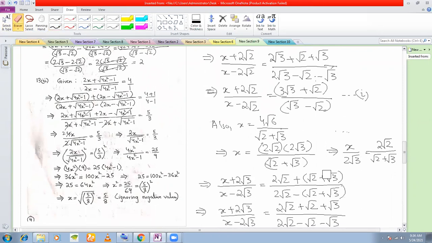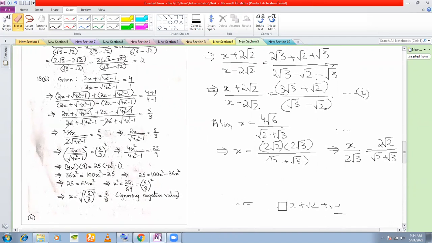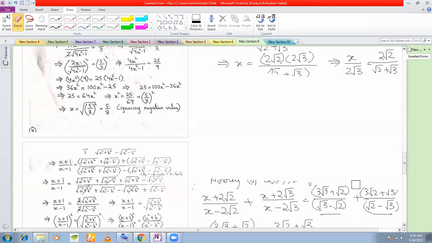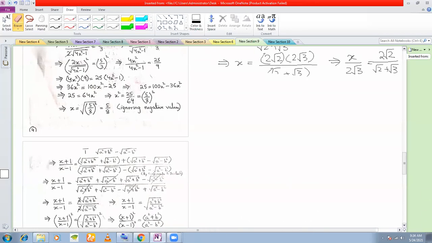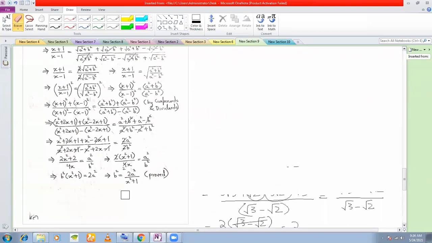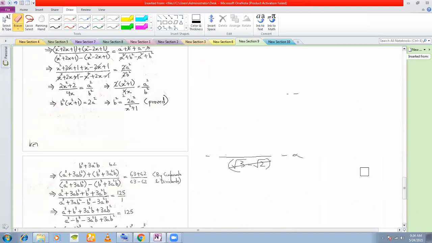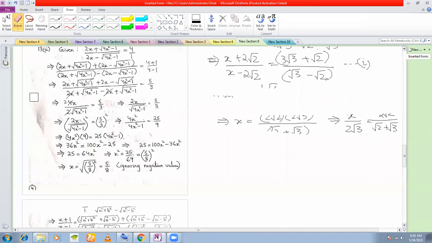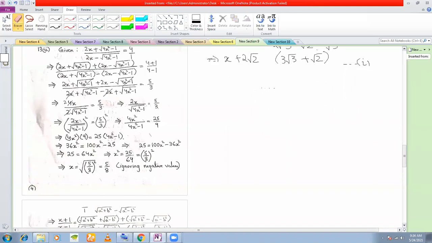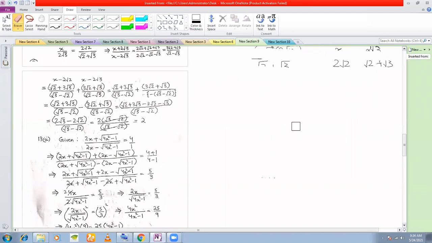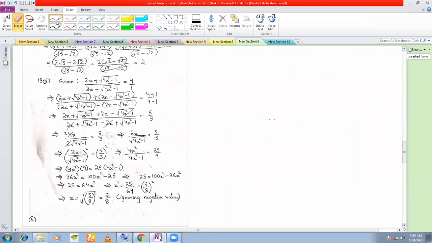I don't think I'll be able to finish, but let me just start this problem. Write the question. This is question number 13.2.